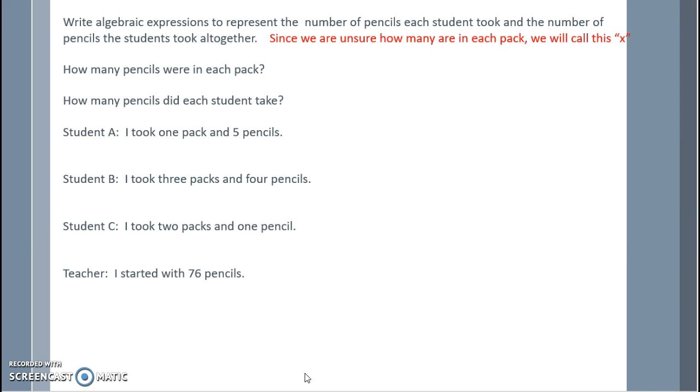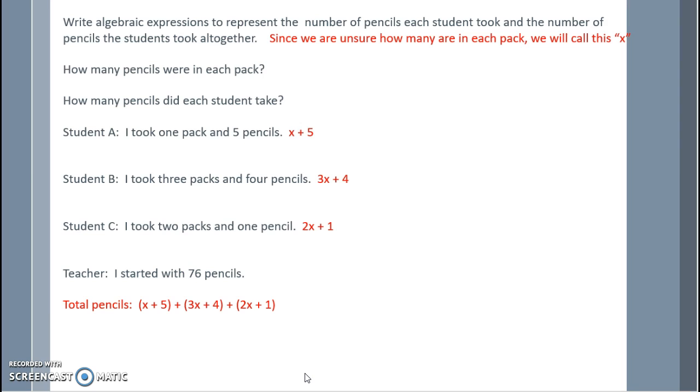Let's start with student A. Since we are unsure how many are in each pack, we will call a pack x. So student A took 1 pack and 5 individual pencils. Student B took 3 packs, so 3x, and 4 pencils. Student C took 2 packs and 1 pencil.